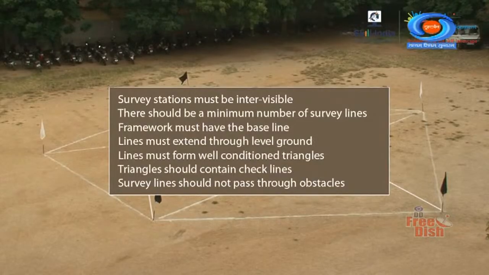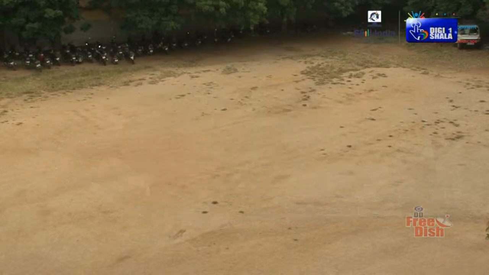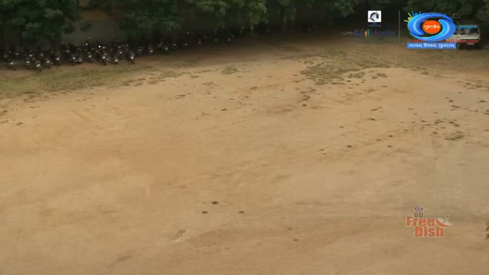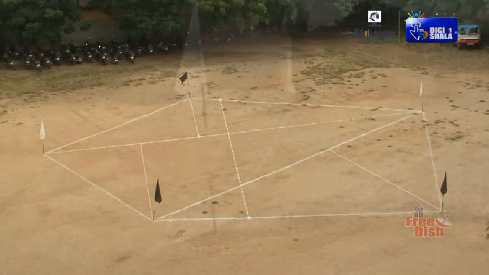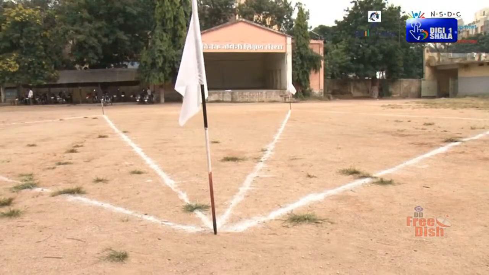So, keep in mind, these are the conditions to be fulfilled by survey lines. In this module, you have learnt about the use of survey stations, the types of survey lines, and the conditions to be fulfilled by survey lines.